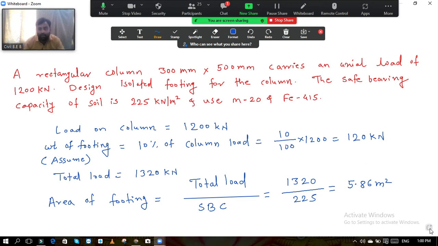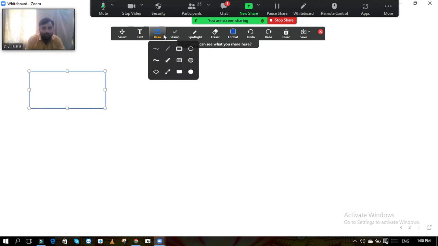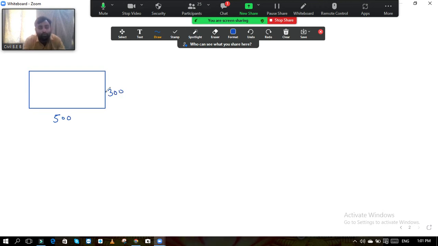So if I draw over here, we can take this side as 500, or reverse. First dimension you always take it for x. If you take this dimension as 500 and this dimension as 300, then it is also okay. There is no problem.